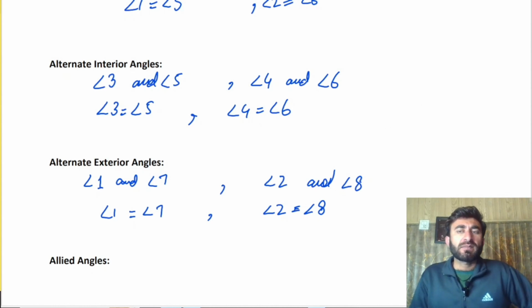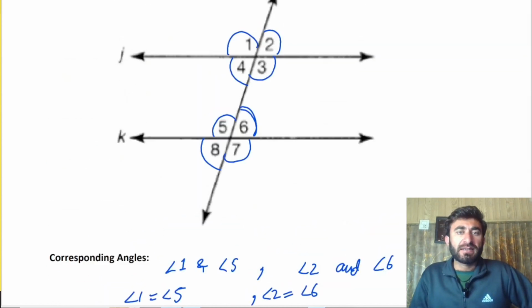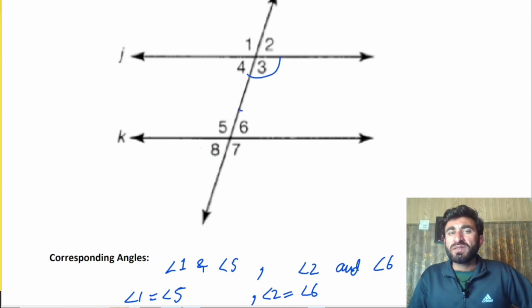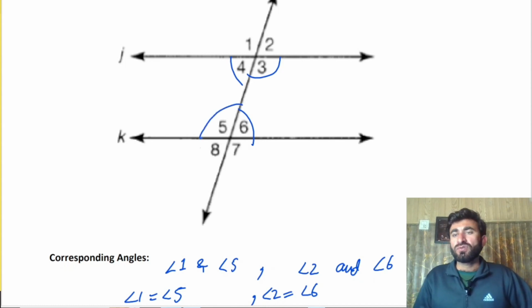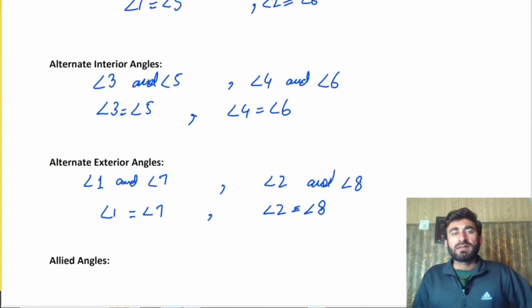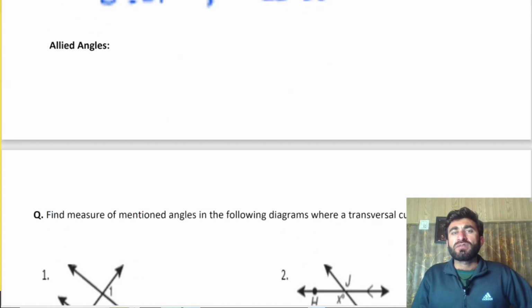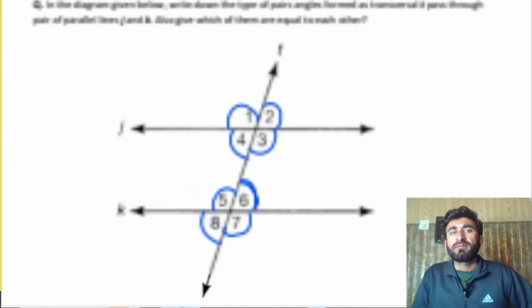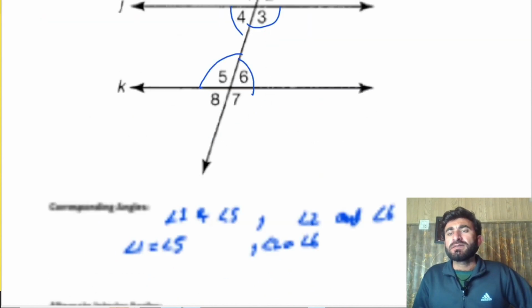Then it's about allied angles. Which of them are the allied angles? Angle number 3 and angle 6 is the first pair, and the second, I hope, is angle 4 and 5. So the allied angles are angle 3 and 6, and 4 and 5.